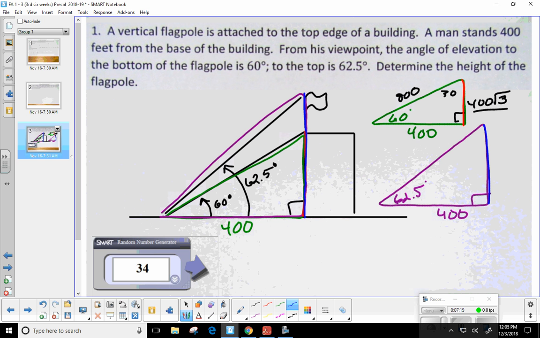Now, can I use a special right triangle for this one? See, it's close, but that angle isn't 60, it's 62.5. So I need to figure out what that height is. It's a right triangle, so what would x and 400 be to 62.5?